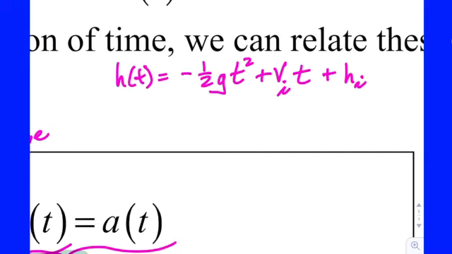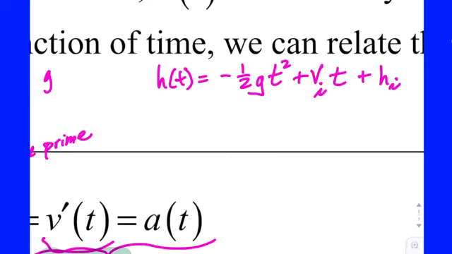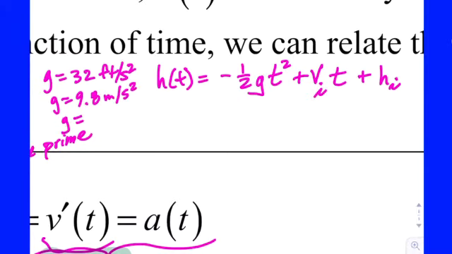So that is your position of a falling object near the surface of the Earth, and little g could be either 32 feet per second squared, or 9.8 meters per second squared, or for AP purposes, it could be 10 meters per second squared. I think they went with that so you could do more calculations without a calculator.